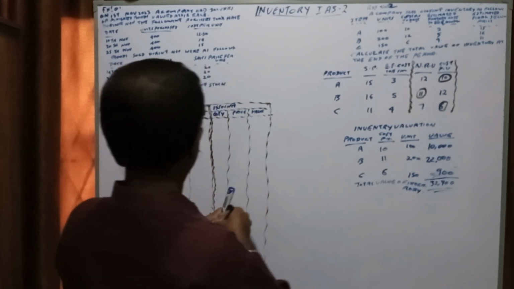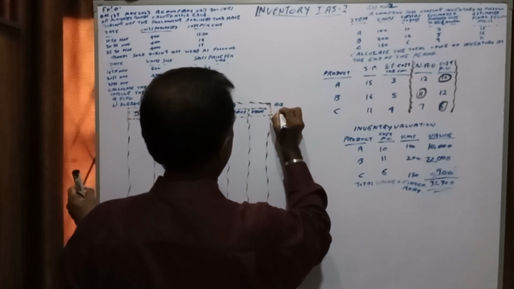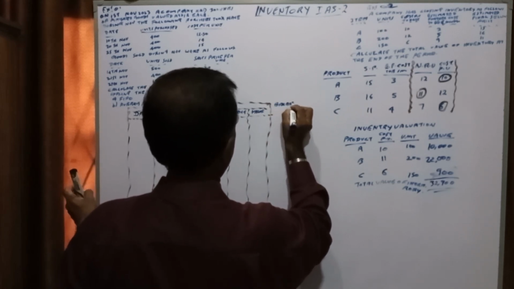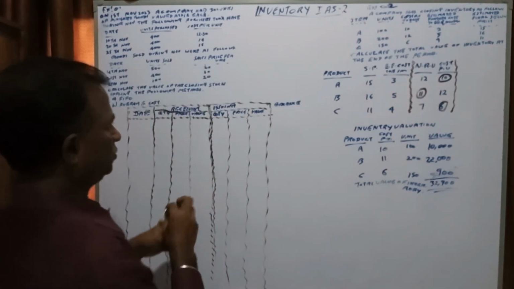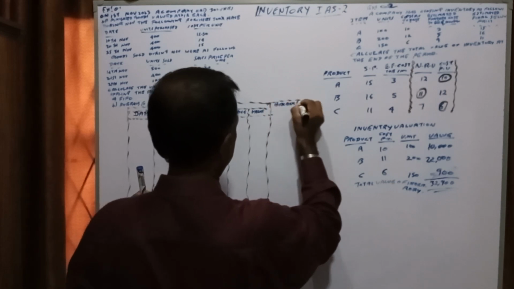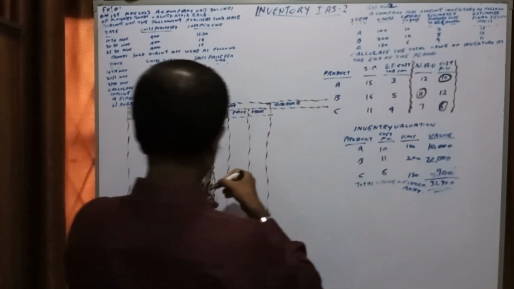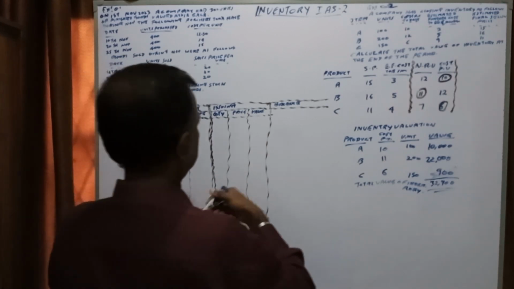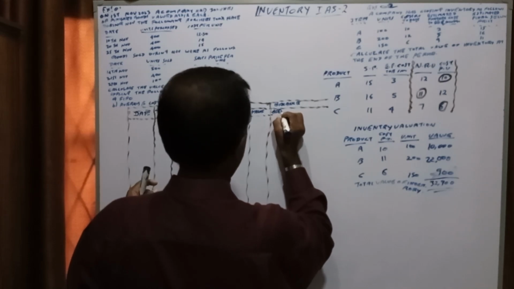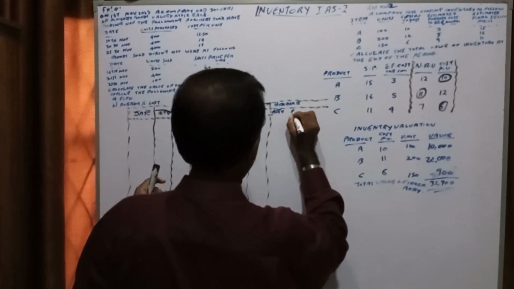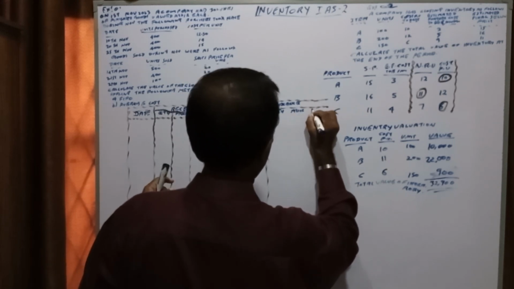Next column is balance. In the balance column, we will say quantity, price, value.